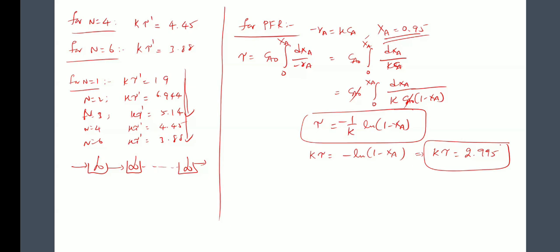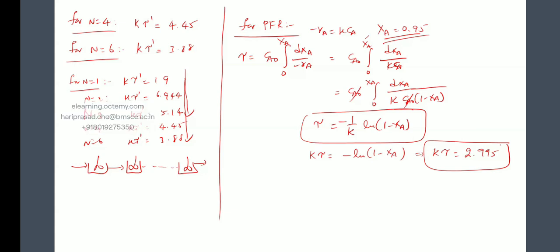What I did numerically is proving that for a particular conversion, the volume required in a PFR is less than that required for a CSTR. Based on k tau dash values: for the first order reaction, k tau dash is equal to 19, whereas k tau for the PFR is 2.95. Based on this, the volume required for PFR is less than that for CSTR.